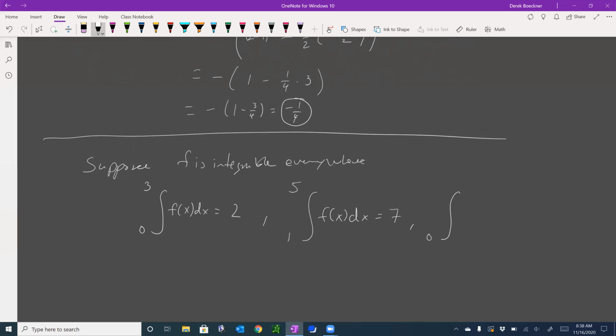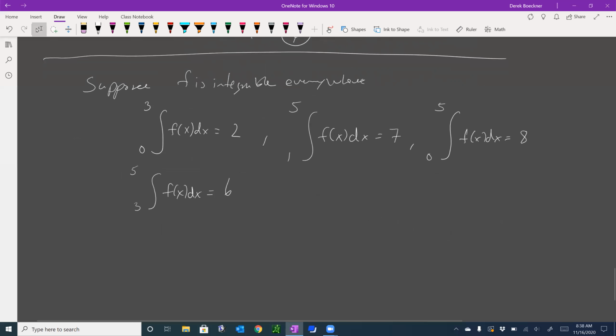The integral 0 to 5 of f of x dx equals 8. Let's go, the integral from 3 to 5 of f of x dx equals 6. Hopefully all these things are consistent.